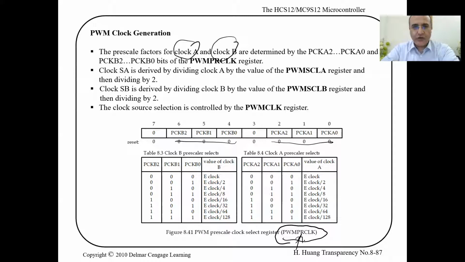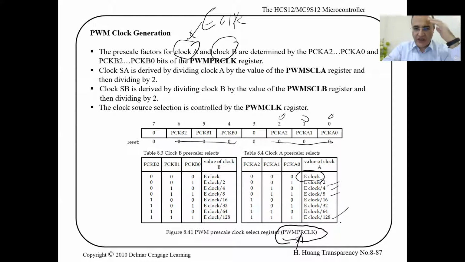So if you write 000 here, then your clock A is exactly the same as the E clock. You can divide it by 2, by 4, by 8, up to 128.